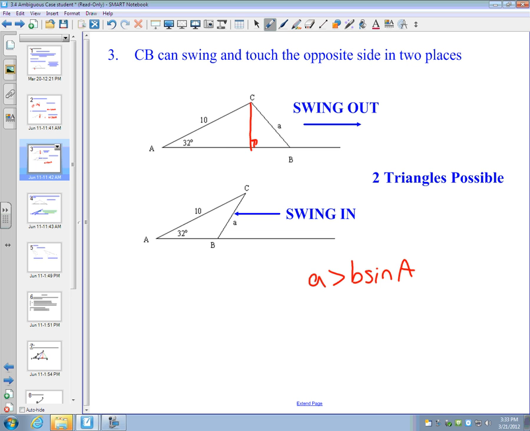This side is longer than this side. But at the same time, it's still less than that length. A is still less than side length B. So if we have this scenario, we know that there are 2 triangles possible.